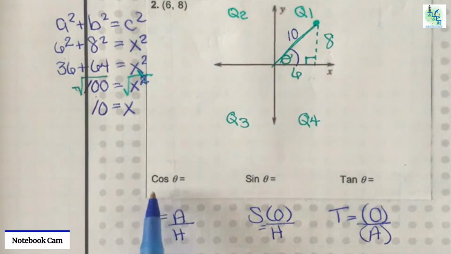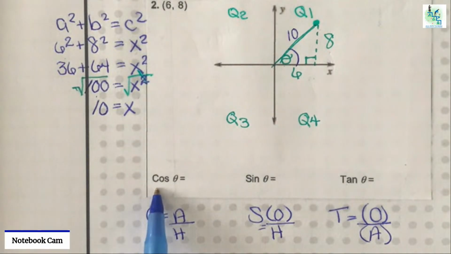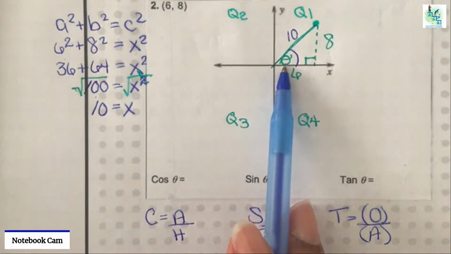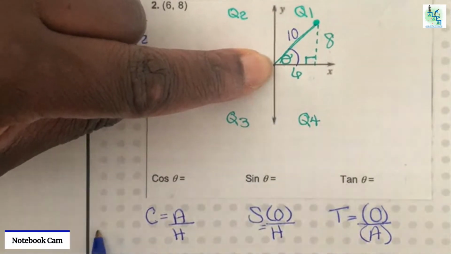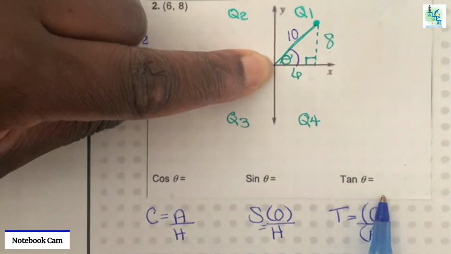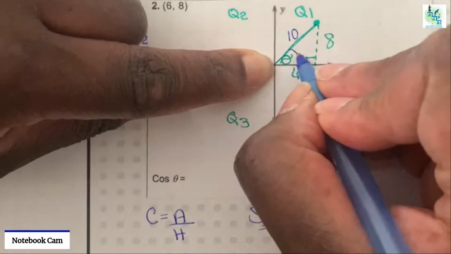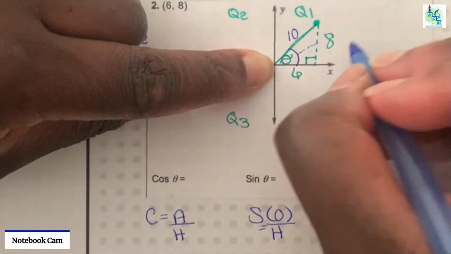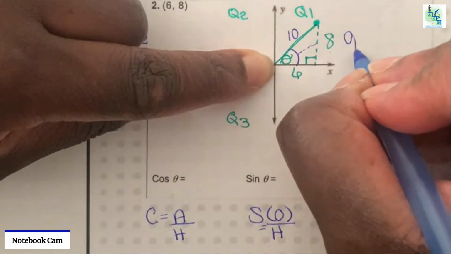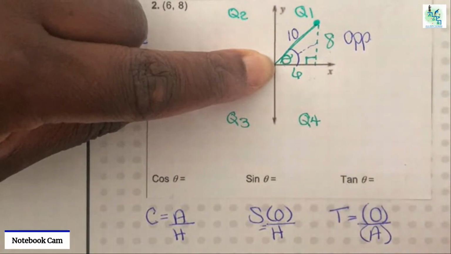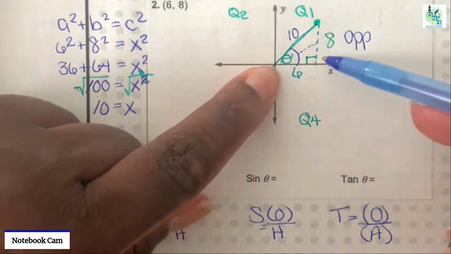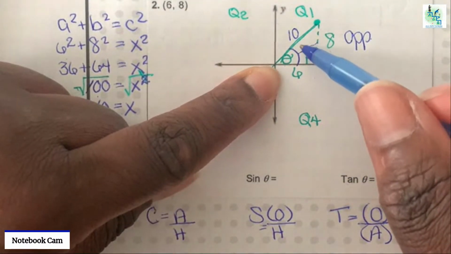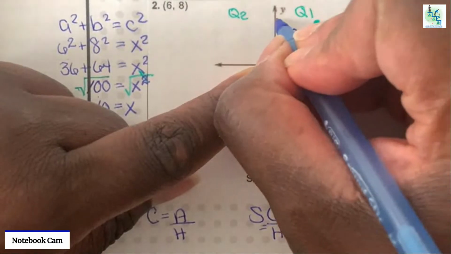So for us to get the cosine of theta, here's my theta. I need to start labeling. Start labeling before you start tackling these things. So opposite means opposite my angle. Now the side that's directly across from that 90-degree angle, that's your hypotenuse.